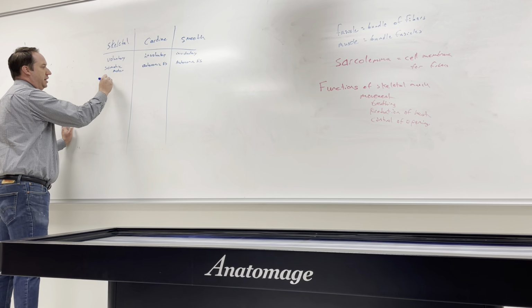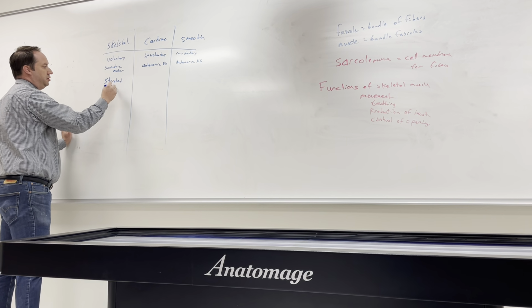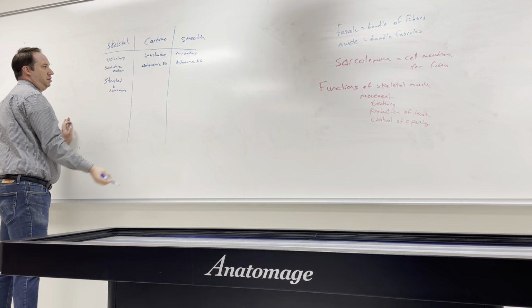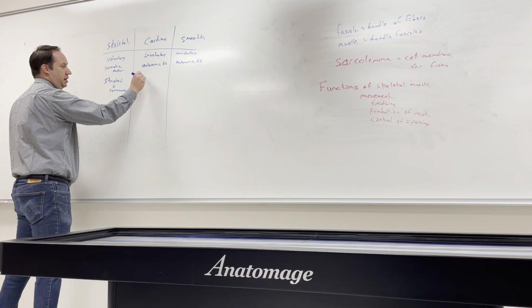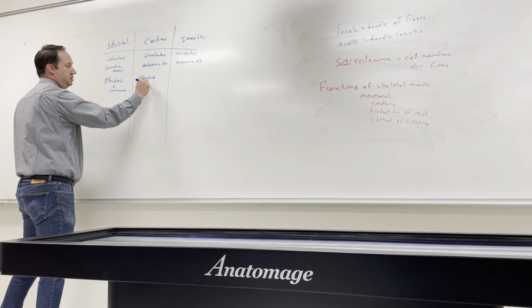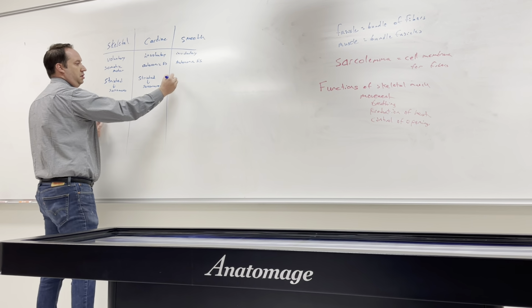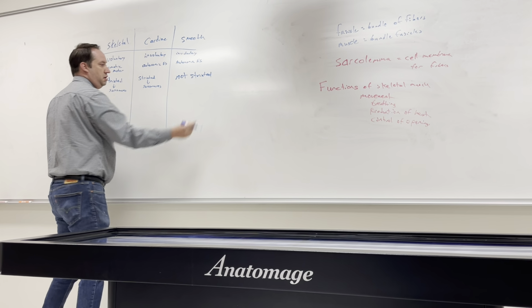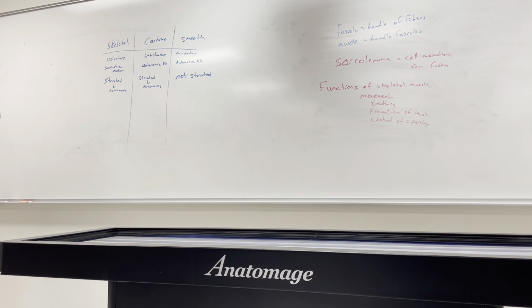Skeletal muscle is striated, which means we have sarcomeres. Cardiac muscle is also striated, so we still have sarcomeres. Smooth muscle is not striated. No sarcomeres for smooth muscle.